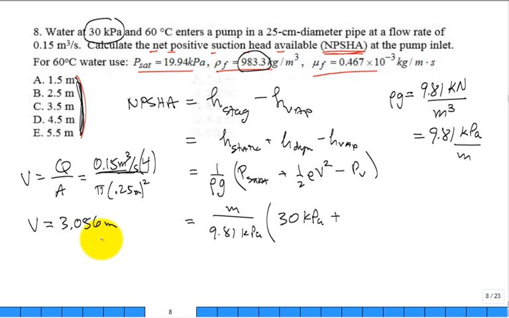So the velocity comes in at 3.056 meters per second. And now I'll put in 1/2 rho, 1,000 kilogram per meter cubed, 3.056 meters per second quantity squared.